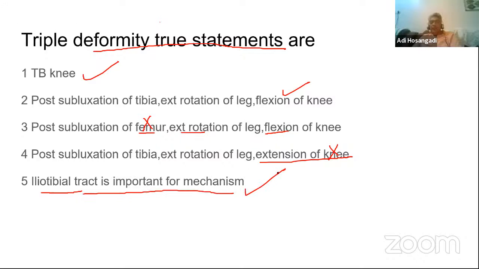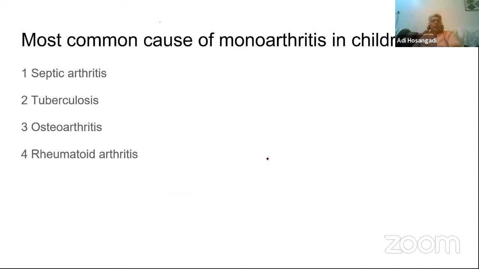Very, very good. Most common cause of monoarthritis in children. You should answer this. Just because we are dealing with tuberculosis, you should not answer that. Osteoarthritis is in old age.